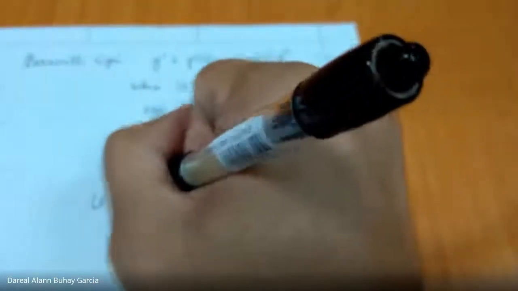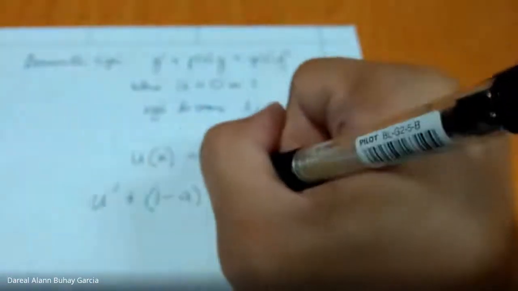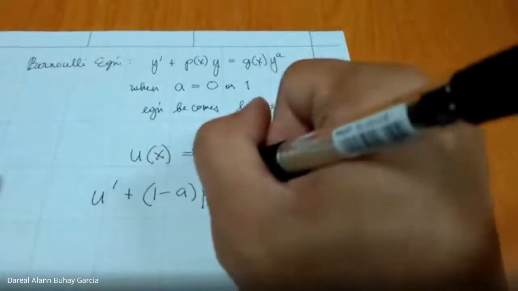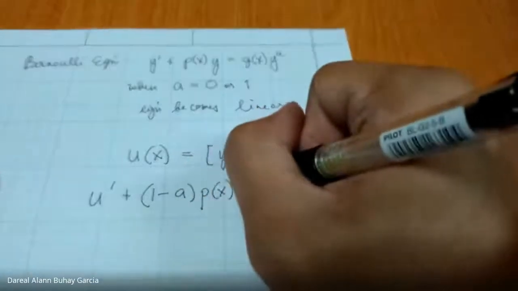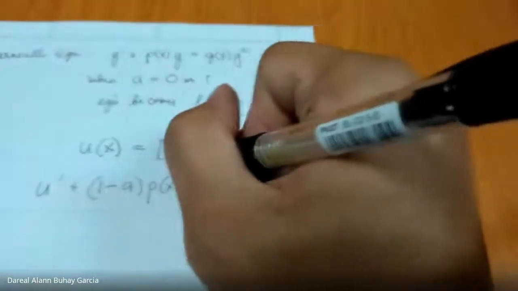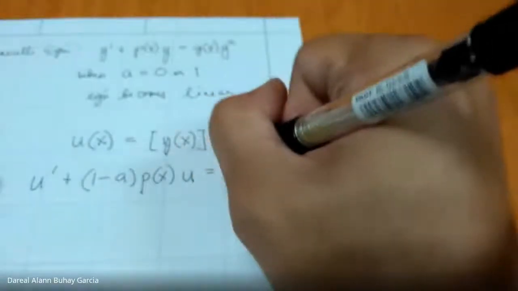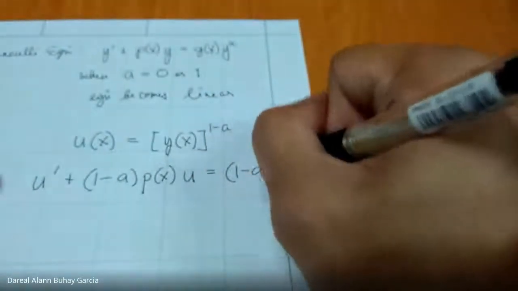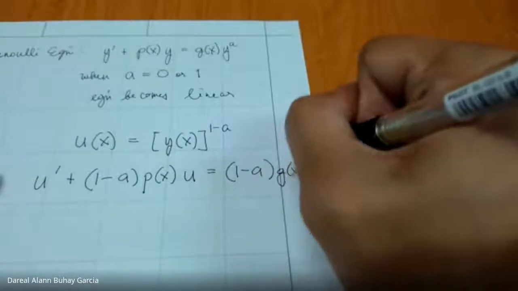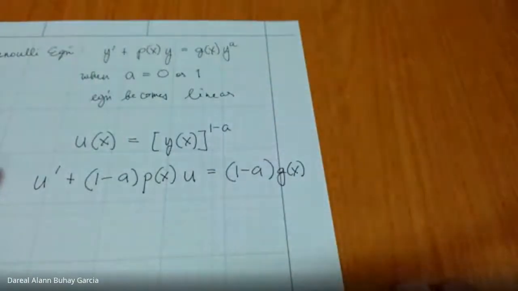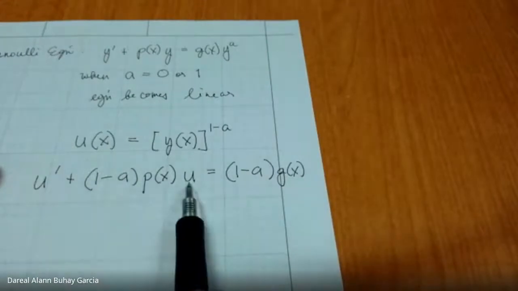U prime plus 1 minus a times p of x times u equals 1 minus a times g of x, where u is our dependent variable.